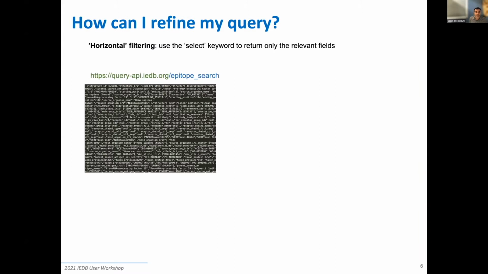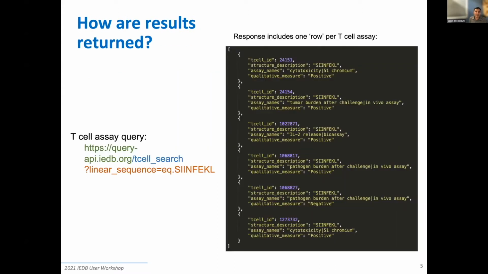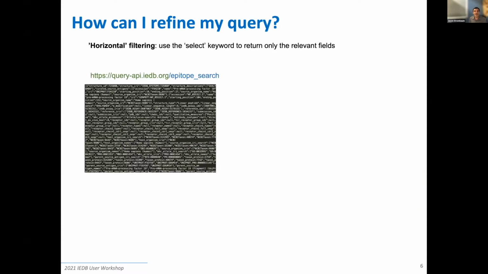And so what I showed you on these previous couple slides isn't the entire truth. If you just query the epitope search table, even if you add a filter on top of that, you're actually going to get back all of the fields that are in the epitope table. And so you're going to get back something that looks like this. And maybe you want that, but you probably don't.